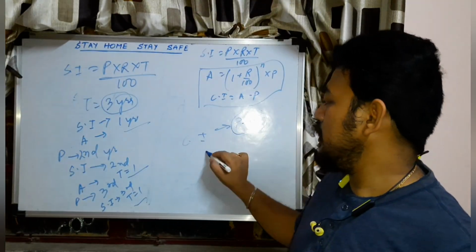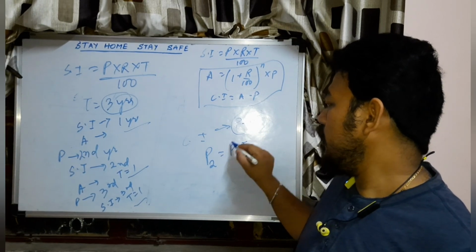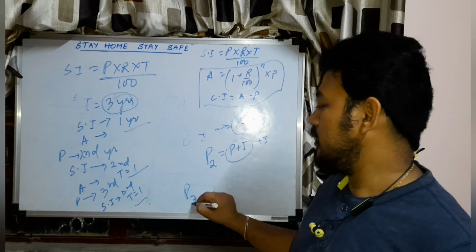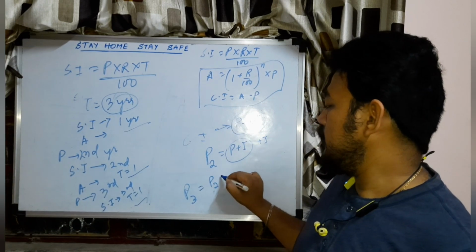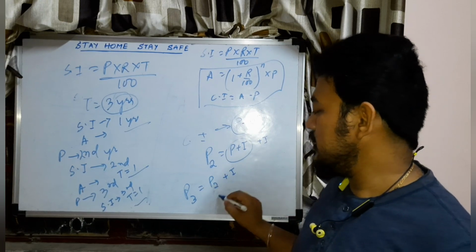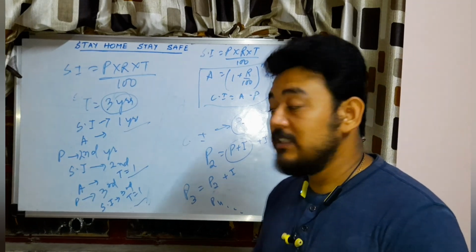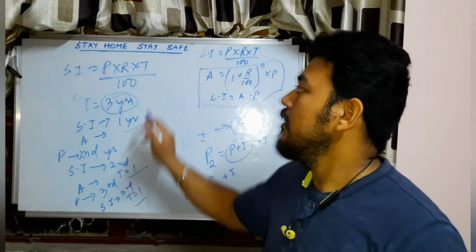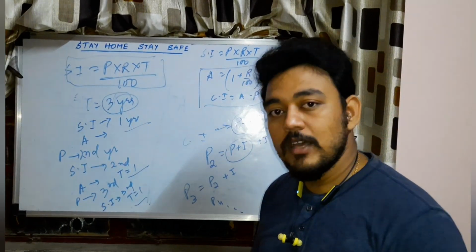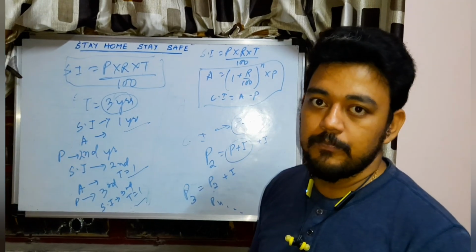Now this becomes your second year principal, and again you are getting interest on this, and this becomes your third year principal, that is P2, and again you are getting interest on this, and this becomes your fourth year principal, and like that it goes on. So if you remember this, then only one formula will help you to do SI sums, and this same formula will help you to do CI sums.